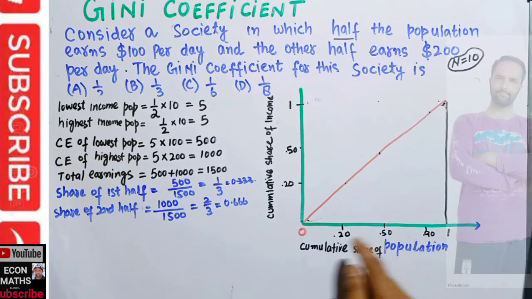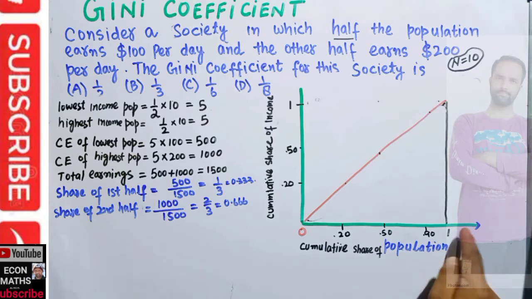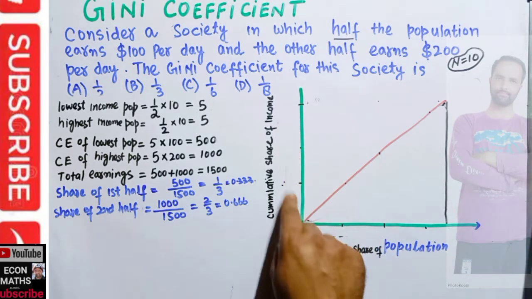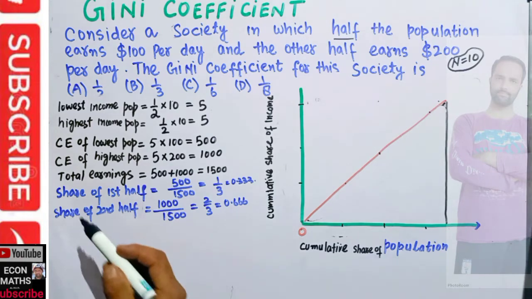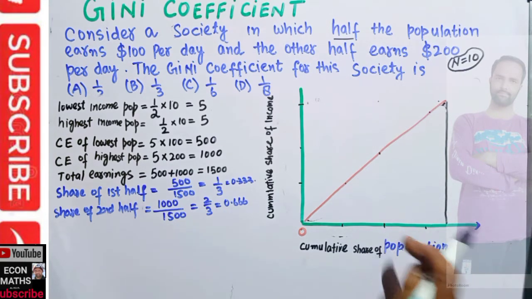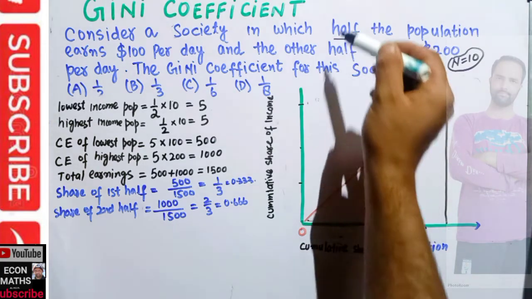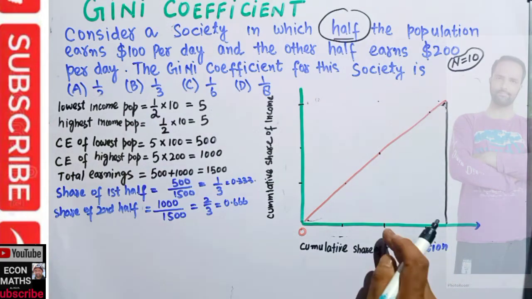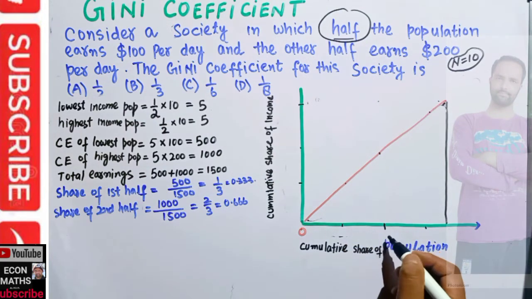Now we need to draw the Lorenz curve here. On this side, we have the cumulative share of population. Since we are told half of the population earns $100, let us write it only here. Let us say this is 0.5, which denotes the half.